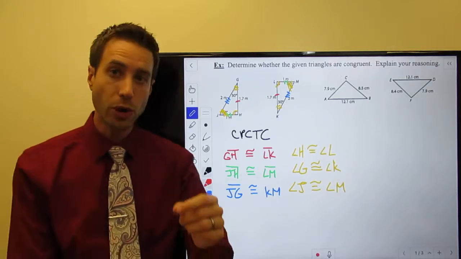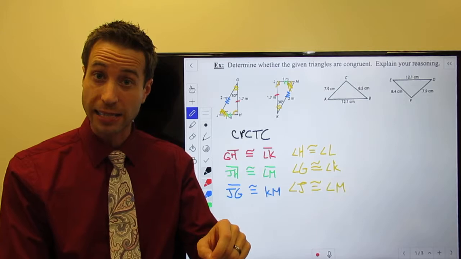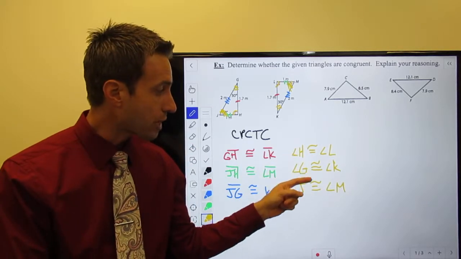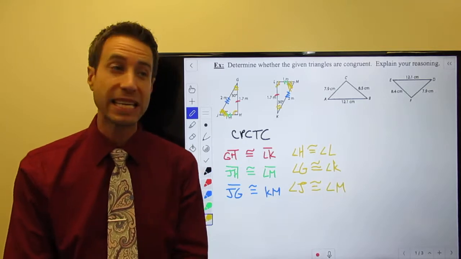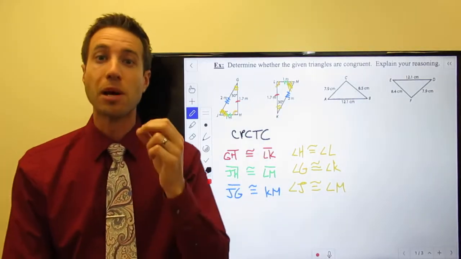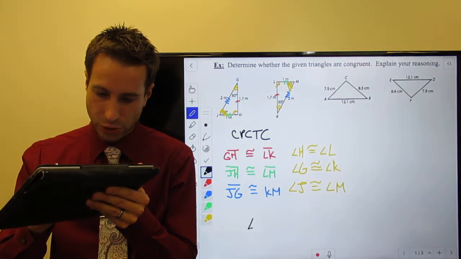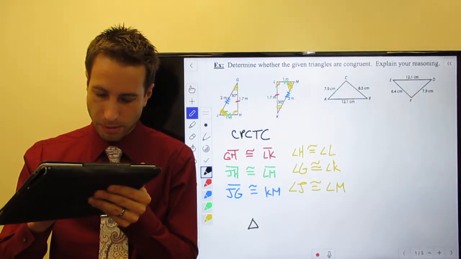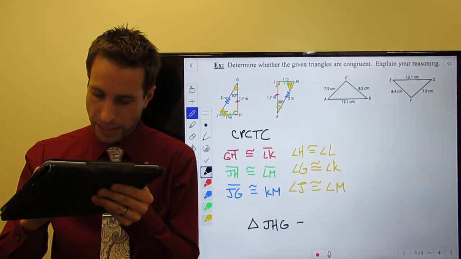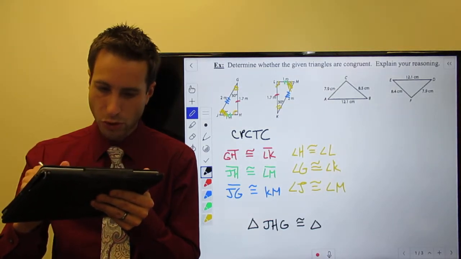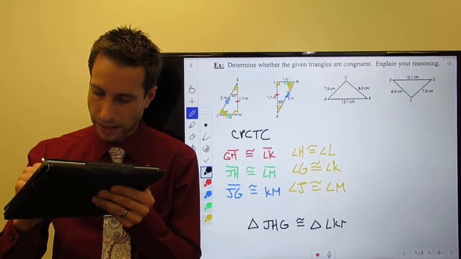And just like that, I have now shown that all three pairs of sides and all three pairs of angles are congruent, which means these two triangles must be congruent. So the conclusion then is that triangle JHG is congruent to triangle LKM.